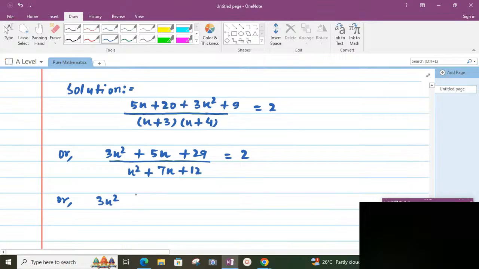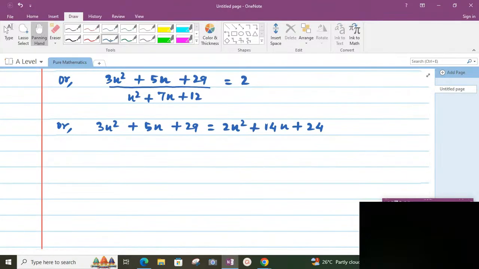3x square plus 5x plus 29 equal to, this one is multiplied by 2, then we get here 2x square plus 14x plus 24.